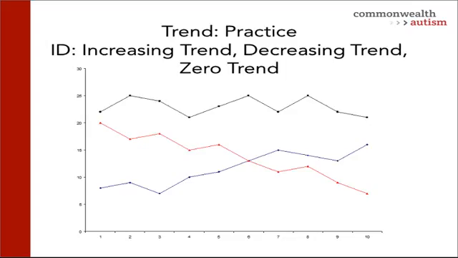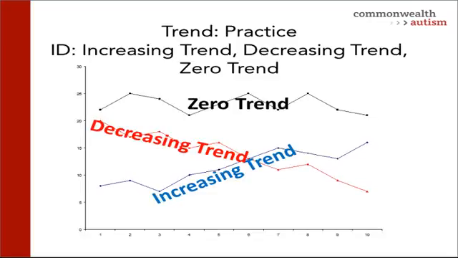Next, let's look at identifying which of our line graphs here are increasing in trend, which are decreasing, and which has zero trend. Hopefully this is what you came up with. Our black line has 0 trend, our red line is decreasing, and our blue line is increasing.